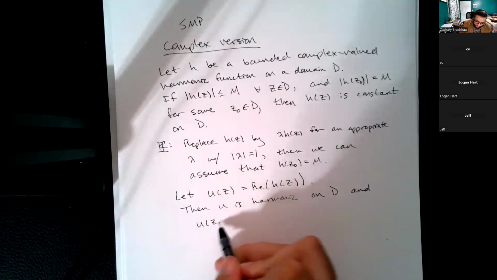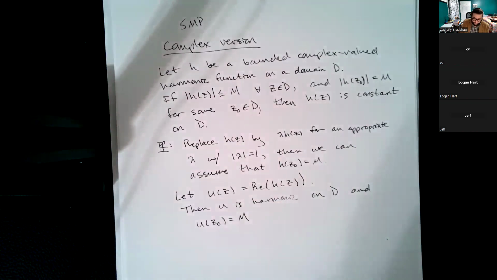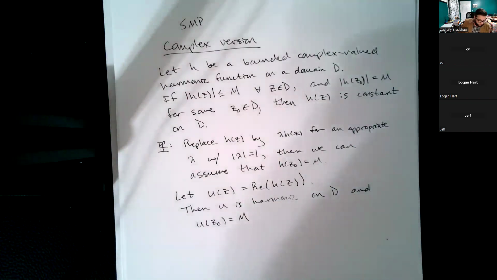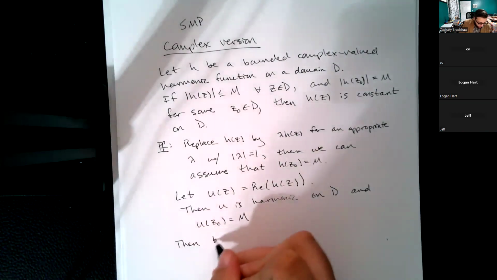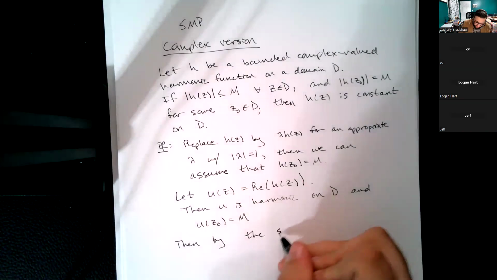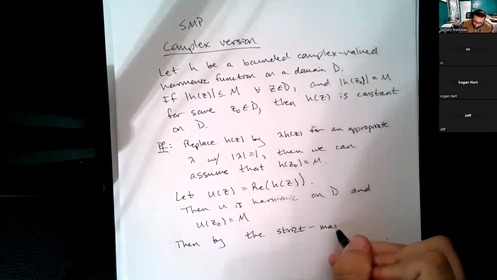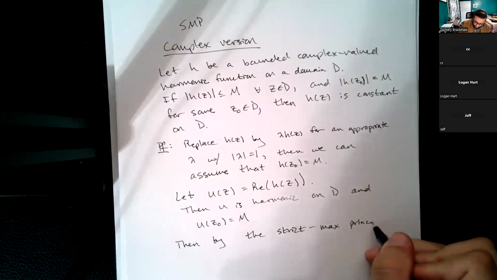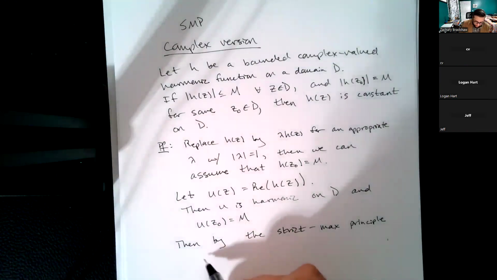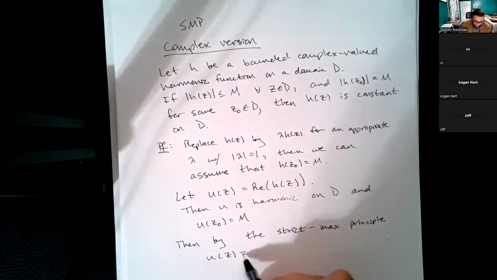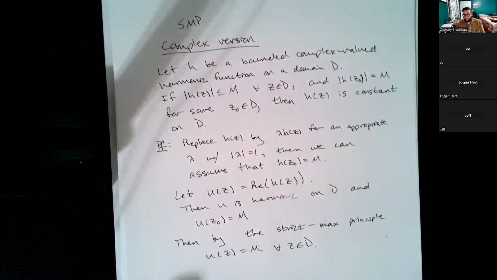And u of z0 is equal to m. Okay, so then by the strict maximum principle for real valued functions, we have u of z equals m for all z in D. So we've used the real version here.